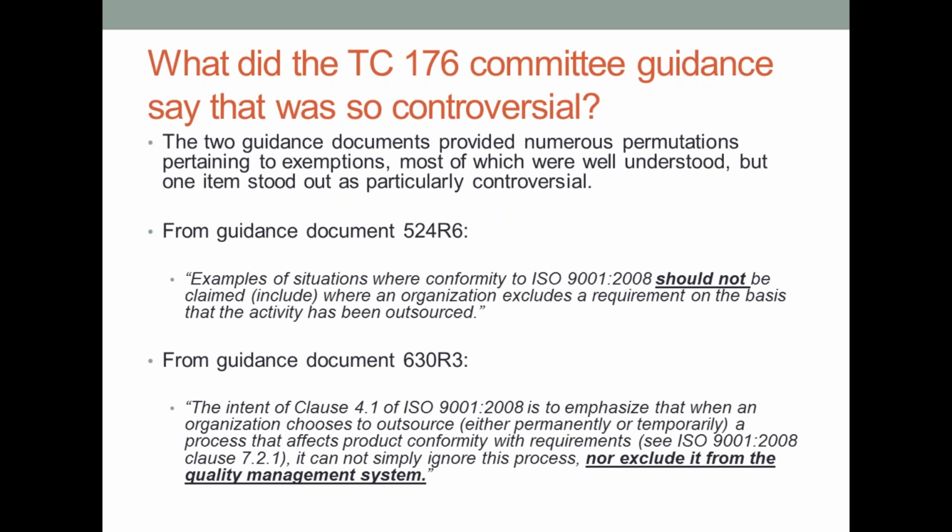And then from 630R3, the intent of clause 4.1 of ISO 9001-2008 is to emphasize that when an organization chooses to outsource, either permanently or temporarily, a process that affects conformity with the requirements of ISO 9001-2008 section 7.2.1, it cannot simply ignore this process, nor exclude it from the quality management system.